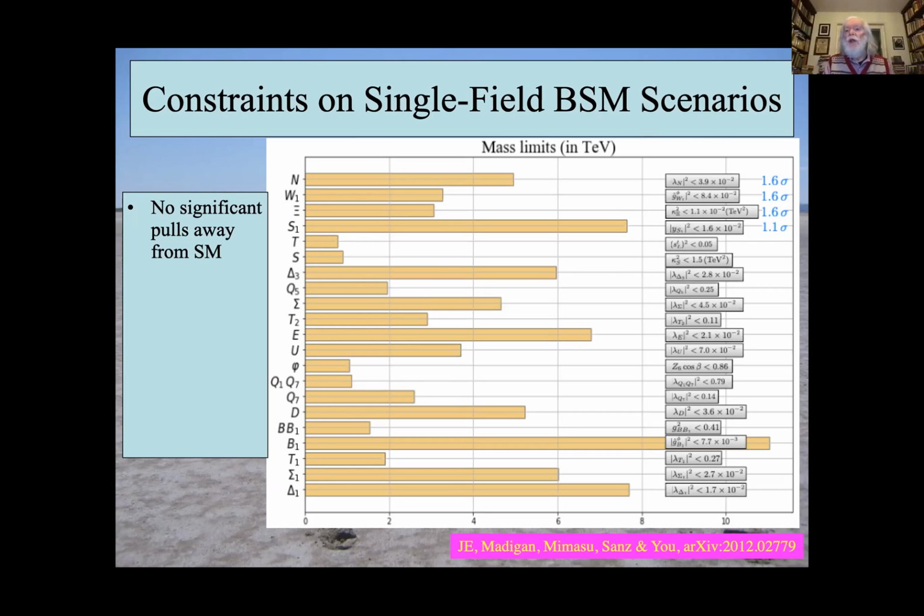So you see that constraints again go up beyond 10 TeV in some cases. We find no significant pulls away from the standard model prediction. But basically, any of these beyond the standard model scenarios must have a scale larger than 400 GeV if the coupling is equal to 1.